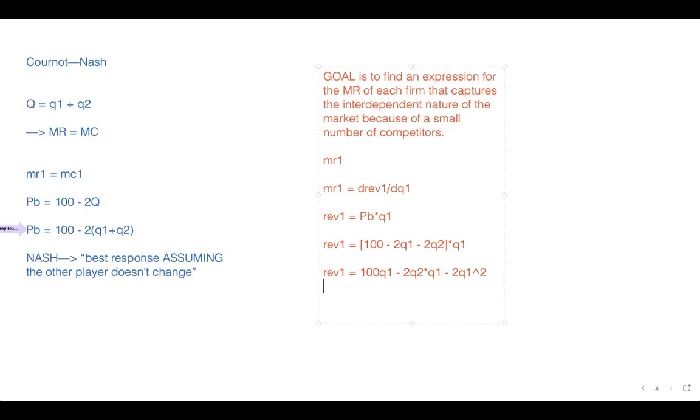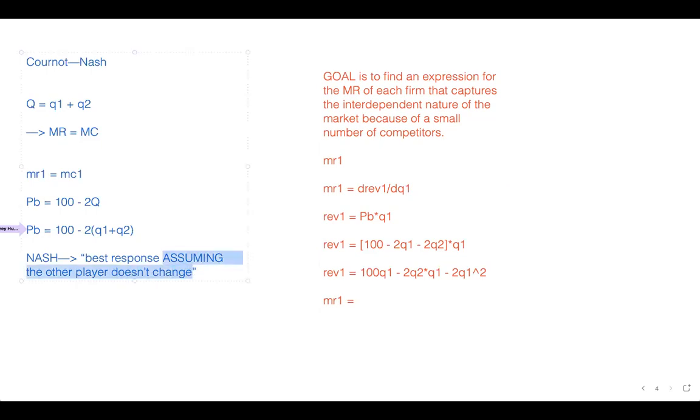So now I want to calculate the marginal revenue, right? So I'm going to go ahead and take the derivative of this expression with respect to Q1. And the one thing that might be a little bit tricky here for you is there's a Q2, and we're taking the derivative with respect to Q1, and it may look weird, but remember, I have this little caveat over here.